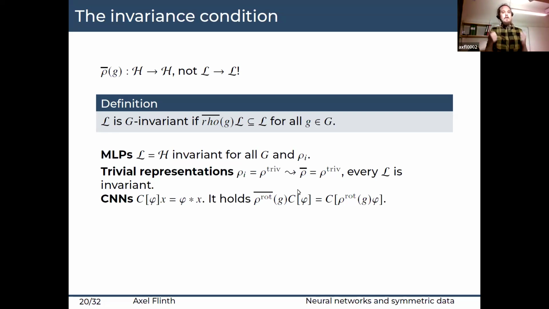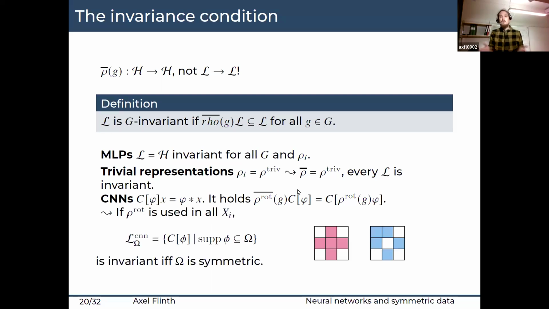In practice, of course, when we train CNNs, we actually confine these filters to have support in certain sets. Having them in a square is quite popular, and those squares are of course also preserved when I rotate them by 90 degrees. However, I could also confine them to a more exotic space like this.